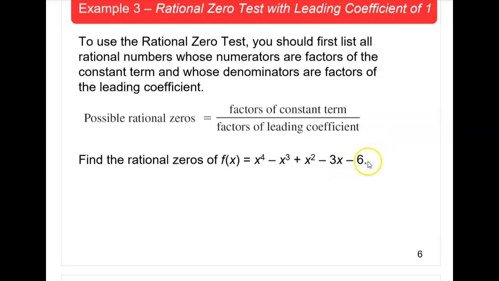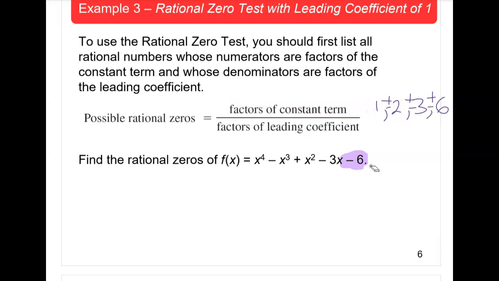Okay, so let's get started here with example 3. For example 3, we're going to take first the constant term, which happens to be a -6. So we're going to get the factors of -6. Those will be 1, 2, 3, and 6. But we are also going to consider the negative ones: plus minus 1, plus minus 2, plus minus 3, and plus minus 6.